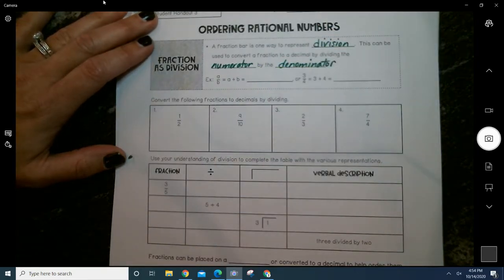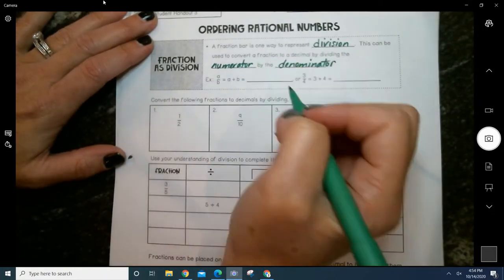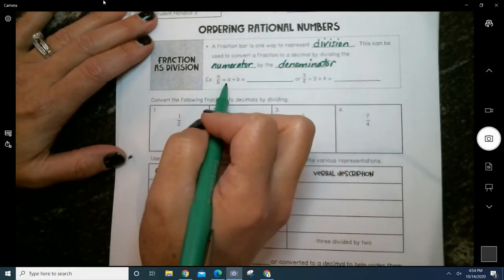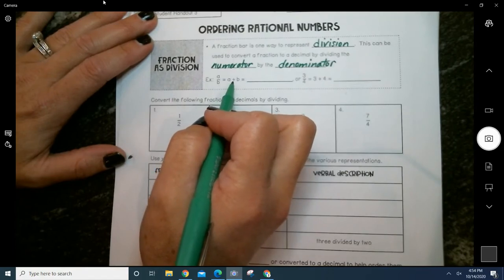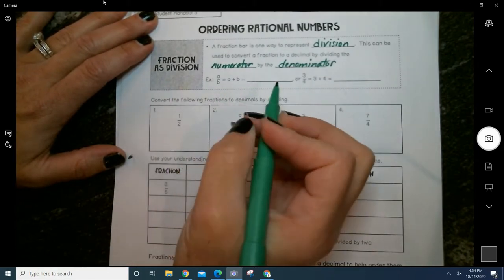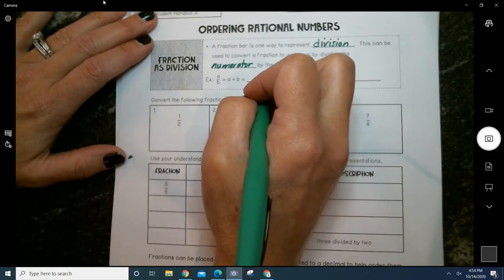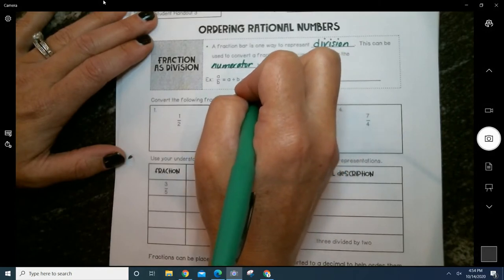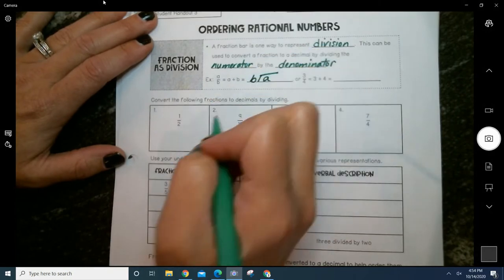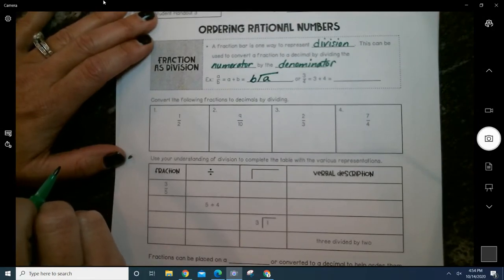Example, A divided by B. You would put in your calculator A divide by B, or you could do A divided by B if it were a problem.